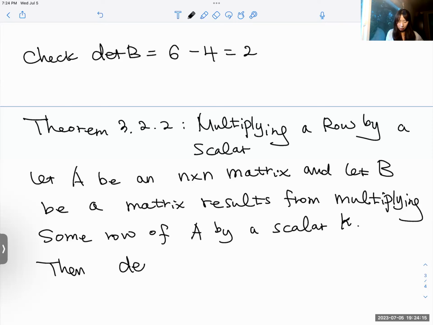So we have the determinant of B, which is the same as K times the determinant of A. All right.